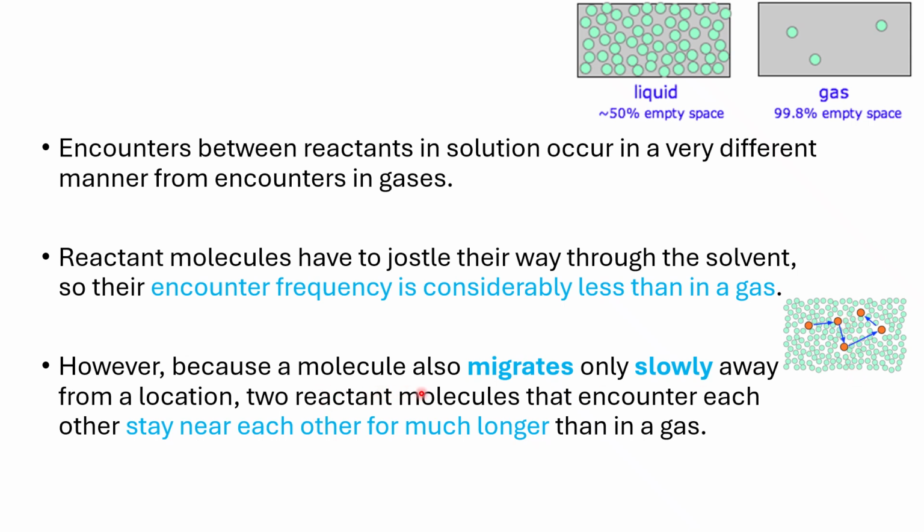However, because a molecule also migrates only slowly away from its location, two reactant molecules that encounter each other will stay near each other for a much longer time than in reactions in the gas phase.